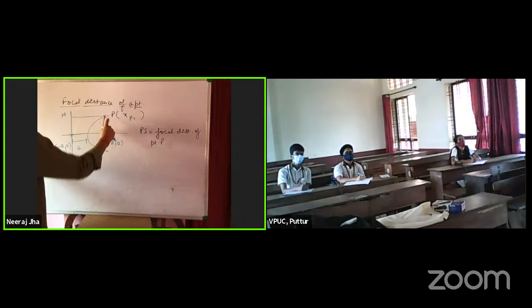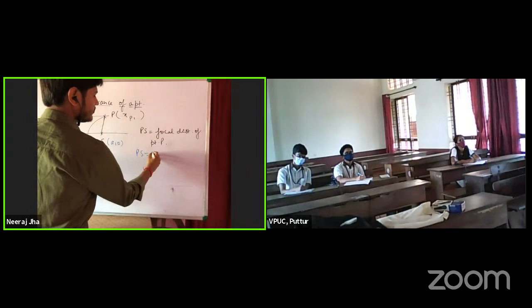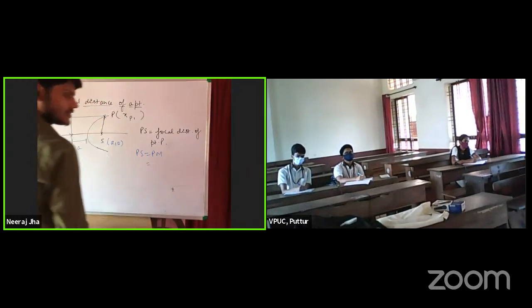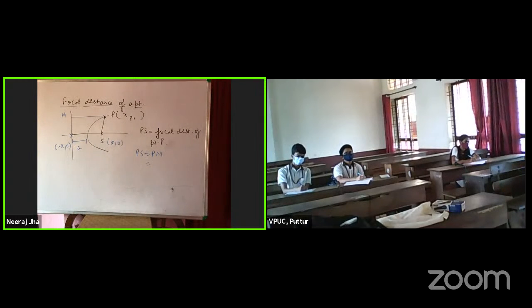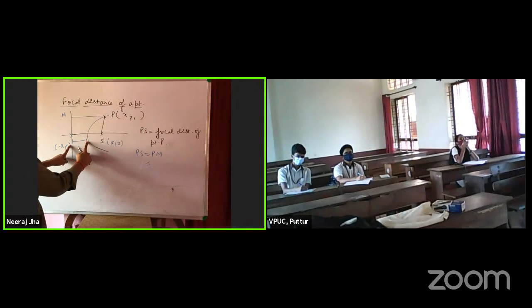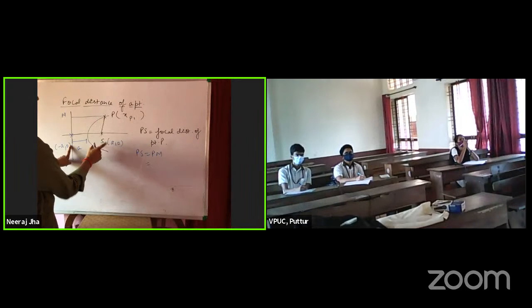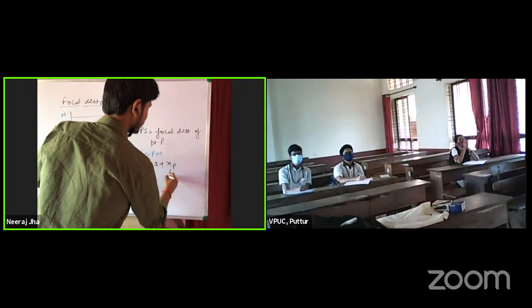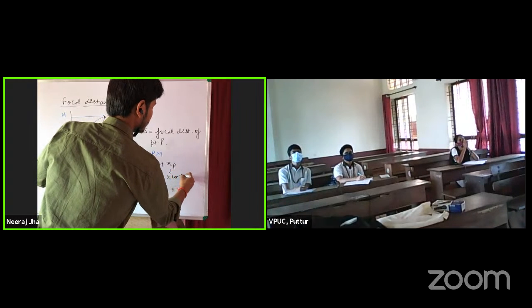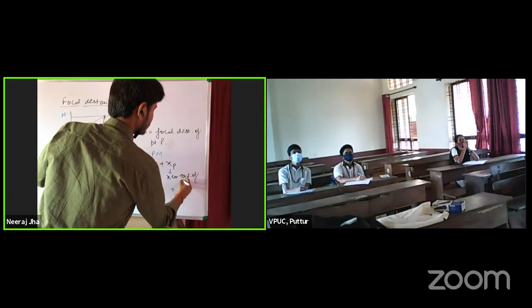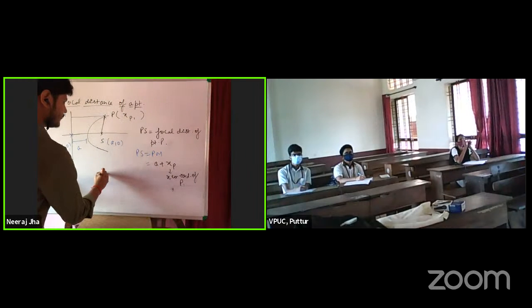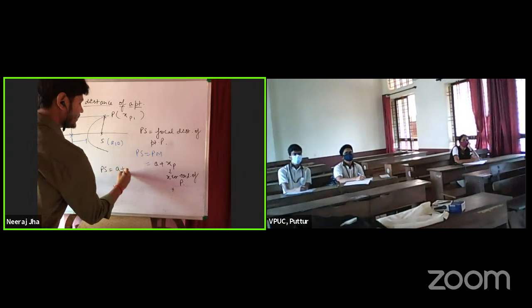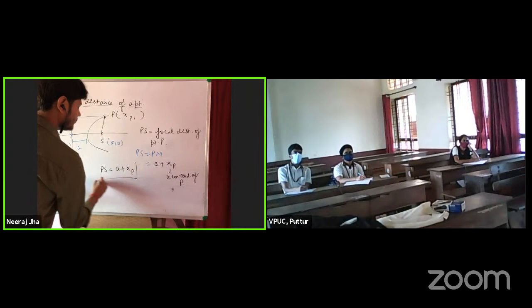So PS is equal to PM, which means this distance is equal to a plus the x coordinate of P. Hence, focal distance is equal to a plus the x coordinate of the point P.